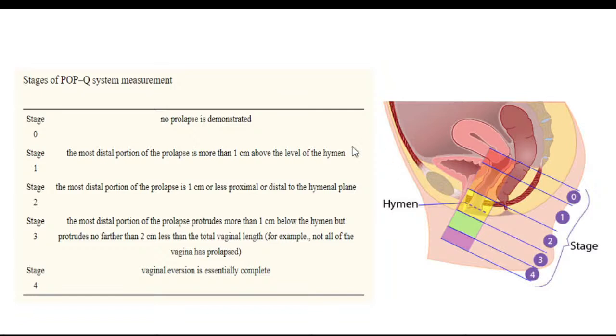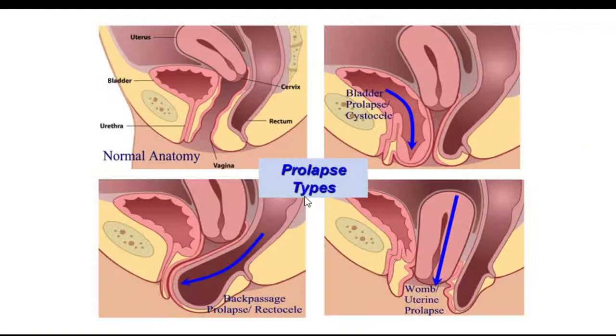So if we speak about stage 0, we say that we don't see any prolapse in a patient in stage 0. So you see here, uterus located in a normal position, high above, and no descent is noted.